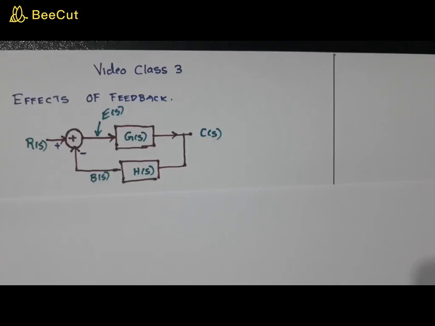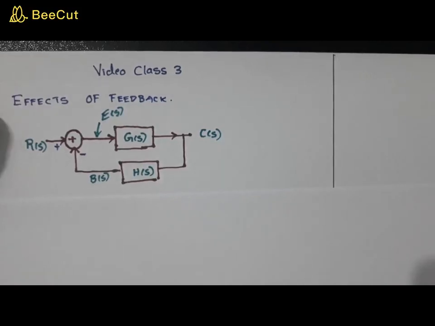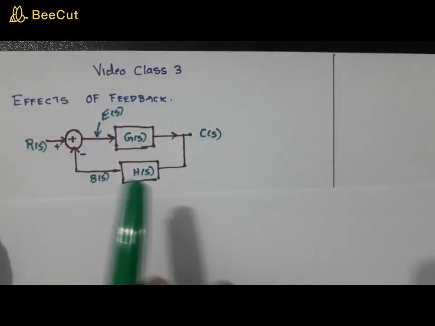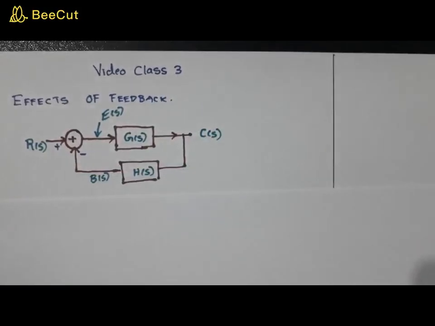But because of the presence of this feedback, there are various effects which you have already learned in your electronic circuits classes when you dealt with feedback amplifiers: the effects of feedback, both positive and negative. There are good effects as well as bad effects, and we will be studying some of them. Since feedback is a part of a closed loop system, you can also consider those as the effects in a closed loop system.